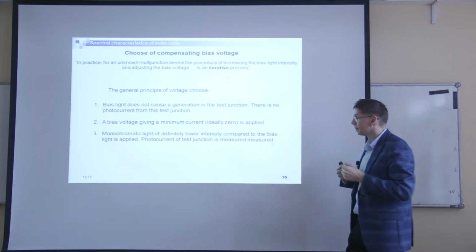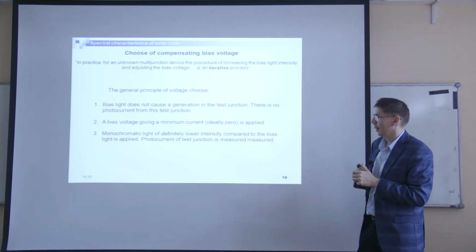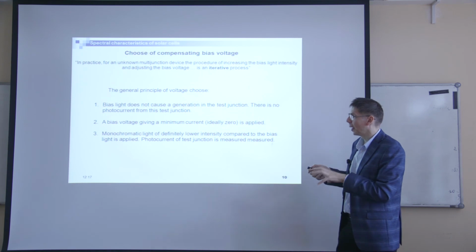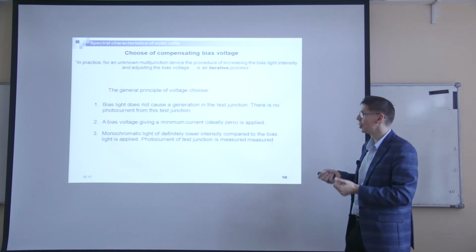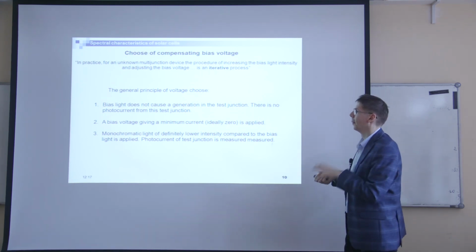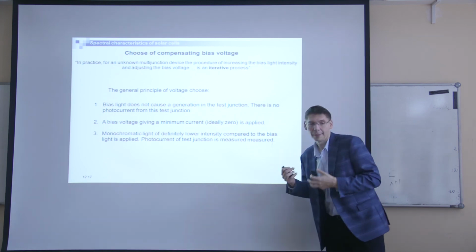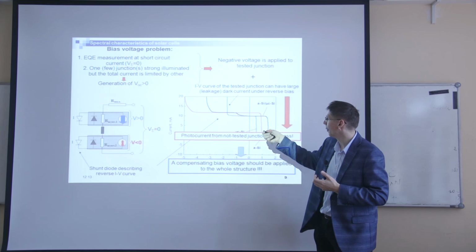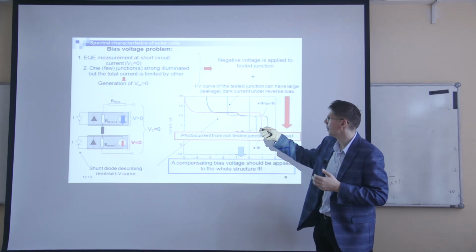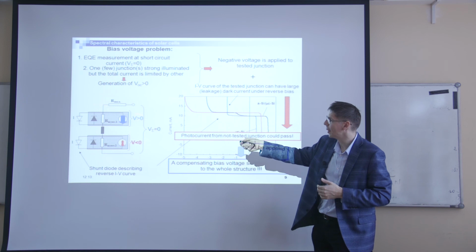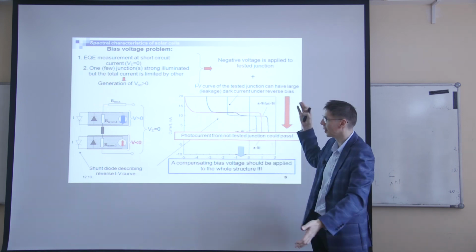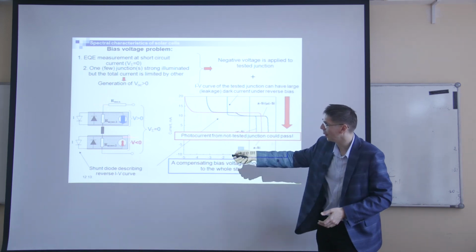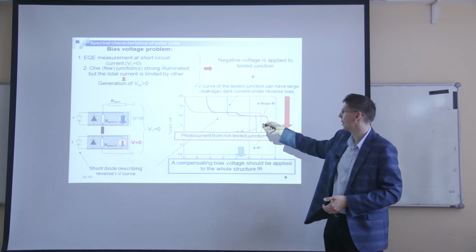Then I will try to apply the positive voltage which gives the minimum current. So the main idea is, if you apply some bias light to generate some positive voltage, you have a negative voltage at the test junction.